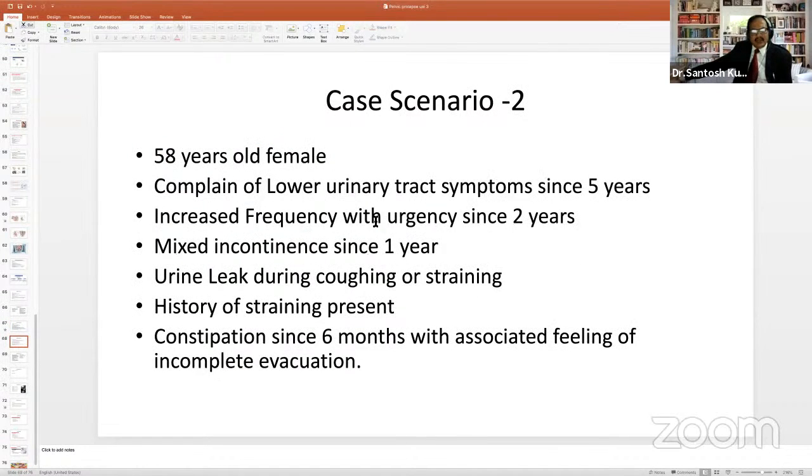The second case scenario is a 58-year-old female complaining of lower urinary tract symptoms since 5 years, increased frequency with urgency since 2 years, mixed incontinence since 1 year, urine leak during coughing, and a history of staining is present, and constipation since 6 months associated with a feeling of incomplete evacuation.